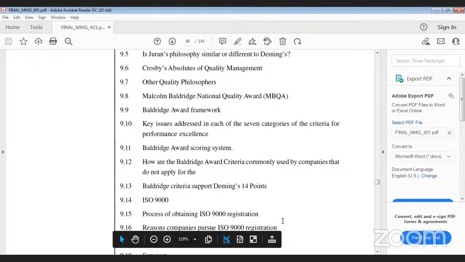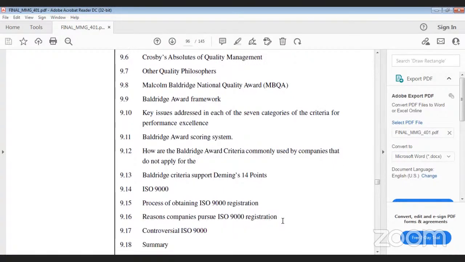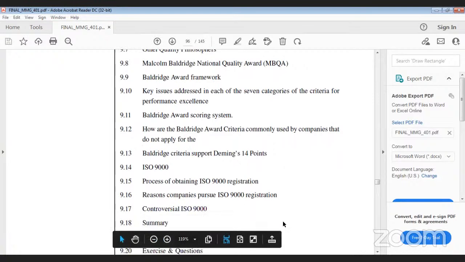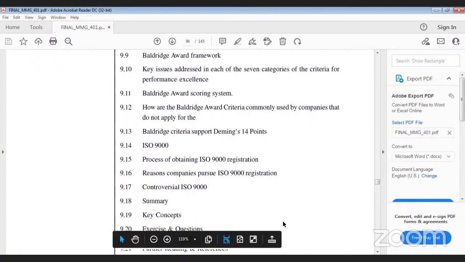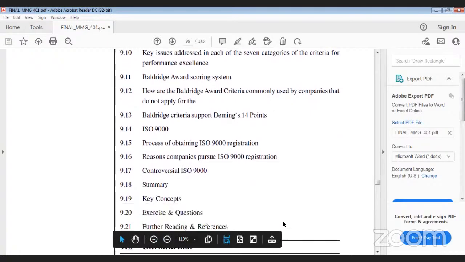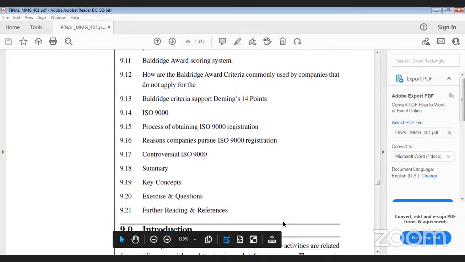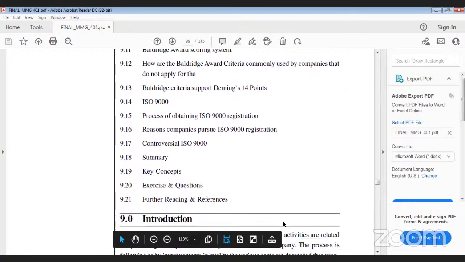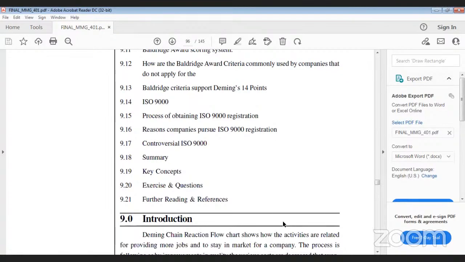Then Baldrige criteria support Deming's 14 points. Then ISO 9000, the process of obtaining ISO 9000 registration, reasons for pursuing ISO 9000 registration, controversies about ISO 9000, summary and key concepts, exercises and further reading.